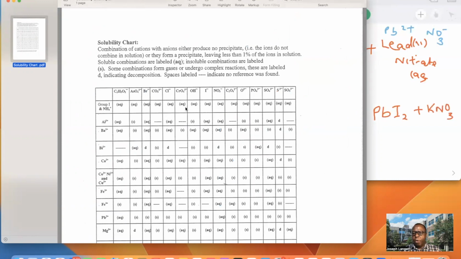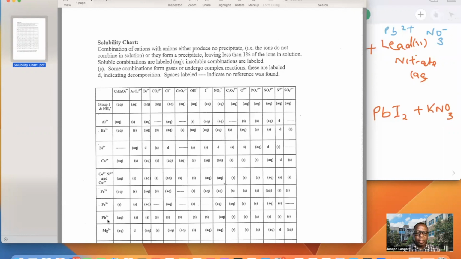So, for lead(II), on top we have the anions, negatively charged, and in the first column we have the ions. Remember, you may not have all the cations you'll encounter, but you have to use the families of elements to predict how an element will react, whether it will form a solid or be soluble, aqueous.